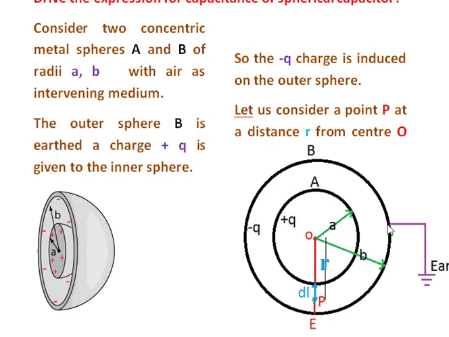Due to this, the positive charges are earthed, so only negative charges are present on the surface of the outer sphere. The positive charges plus Q are present on the surface of the inner sphere.